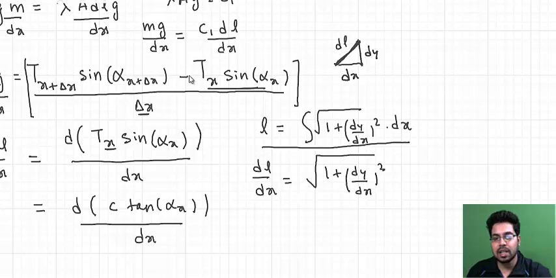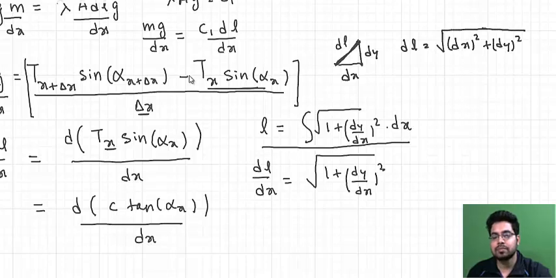So dl can be written as root under dx square plus dy square. Now if we divide both sides by dx, this would become dl by dx equals root under 1 plus dy by dx whole square.